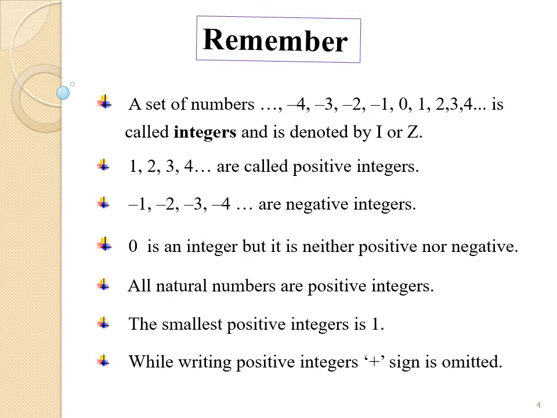Thus, positive integers are generally written without the plus sign. For example, write 3 instead of plus 3. -1 is the largest negative integer and there does not exist any smallest negative integer.